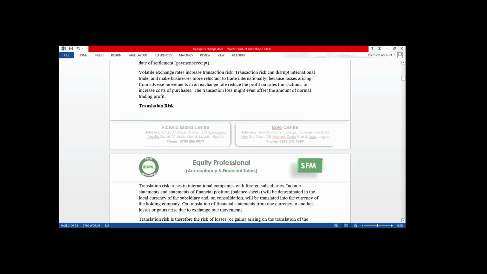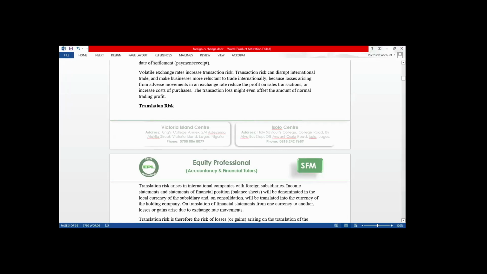The process of converting the assets and liabilities of the foreign subsidiaries to the currency of the parent company can give rise to exchange loss or exchange gain.